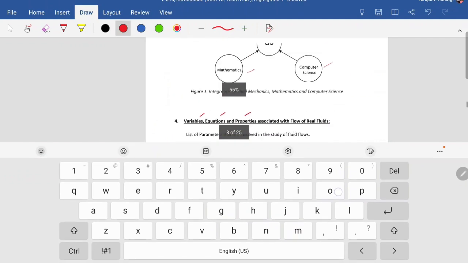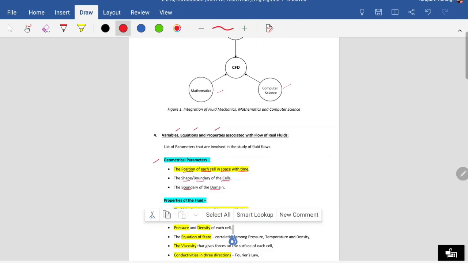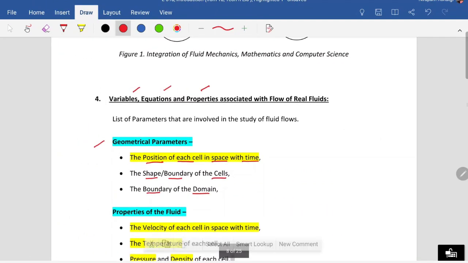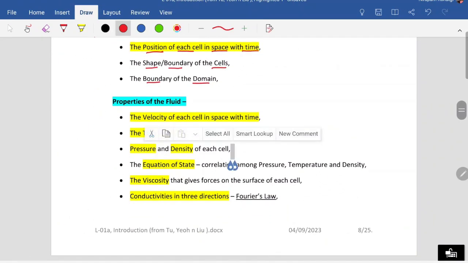Now let us move ahead. Properties of fluid. We have to talk about the velocity of each cell in space with time. Then the temperature of each cell.